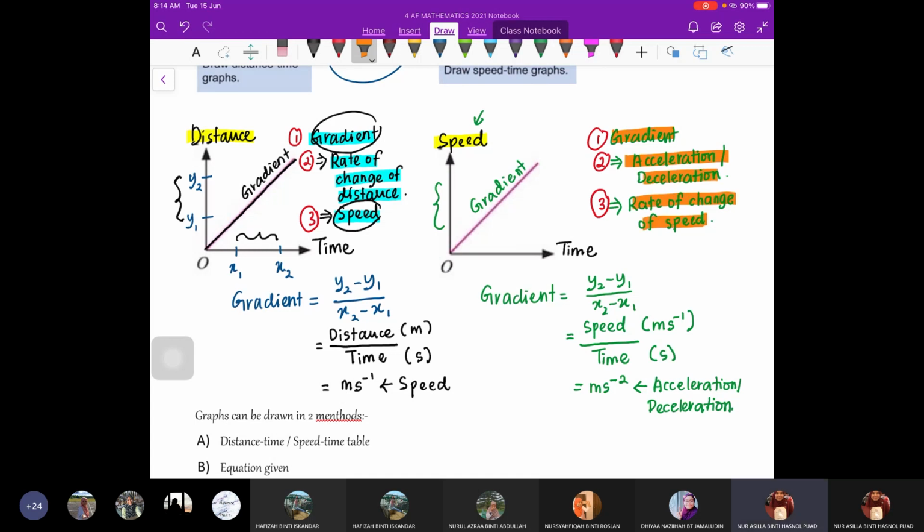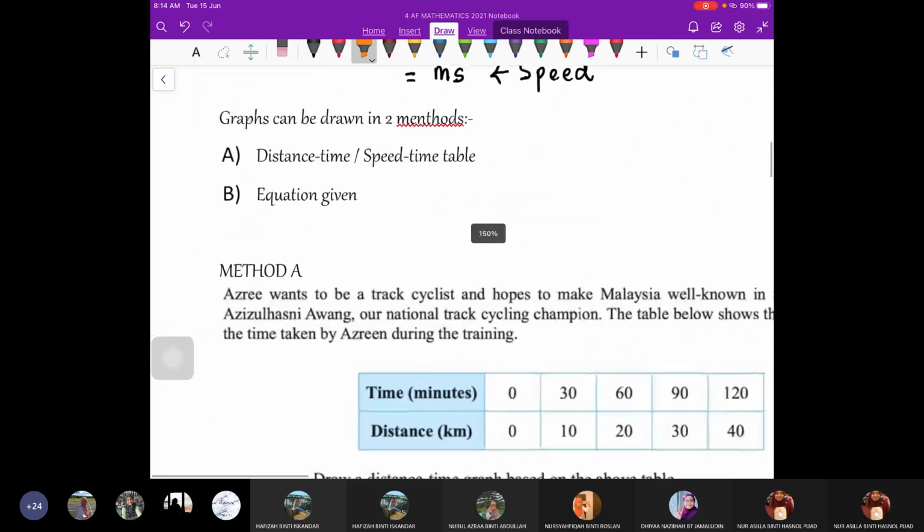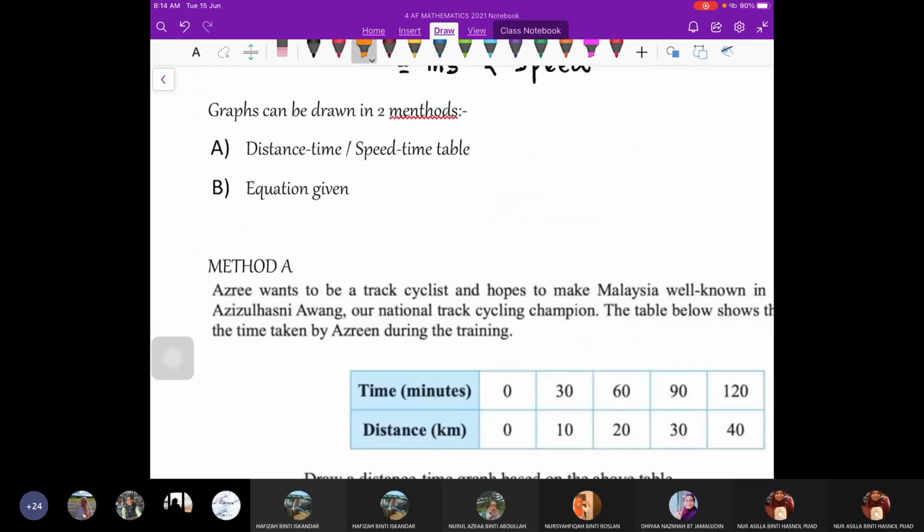So itu highlightnya. Alright, so now let's go into drawing these two graphs. Okay, drawing these two graphs, dia ada dua method. Okay, the first one A, kita guna distance time ataupun speed time table. Dia ada table. Or the question will give you an equation.